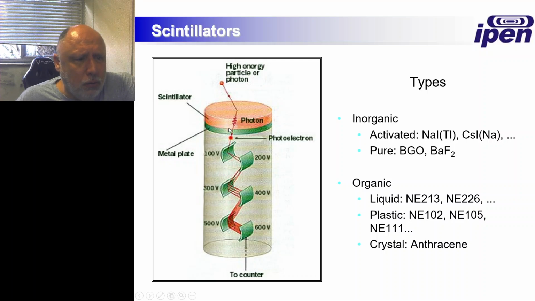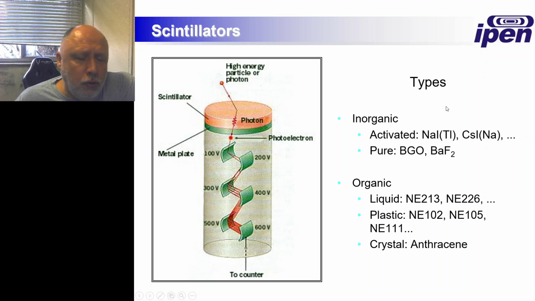They relied on essentially the same idea you have in a gas detector: an electron is produced, then accelerated and collides with a plate, producing more electrons and more electrons, so the signal gets stronger. Nowadays we have solid state devices that can do essentially the same. But that's the idea: you produce light and convert this light into an electrical signal.